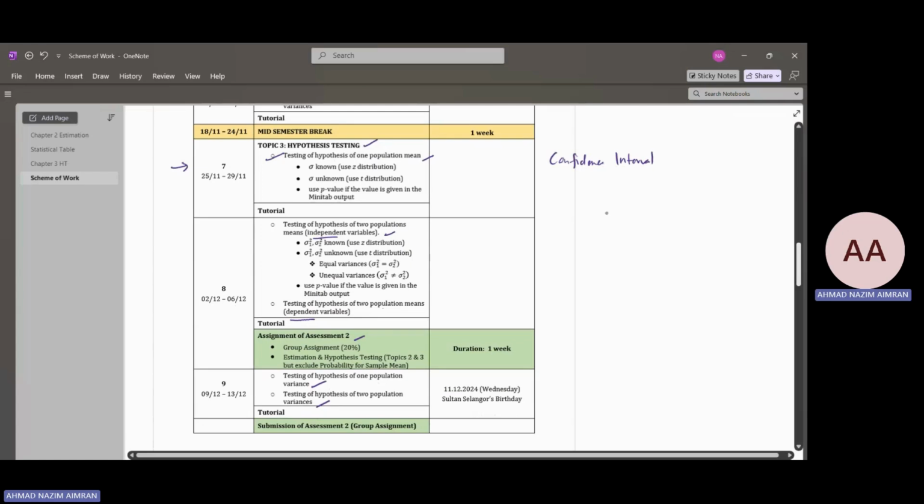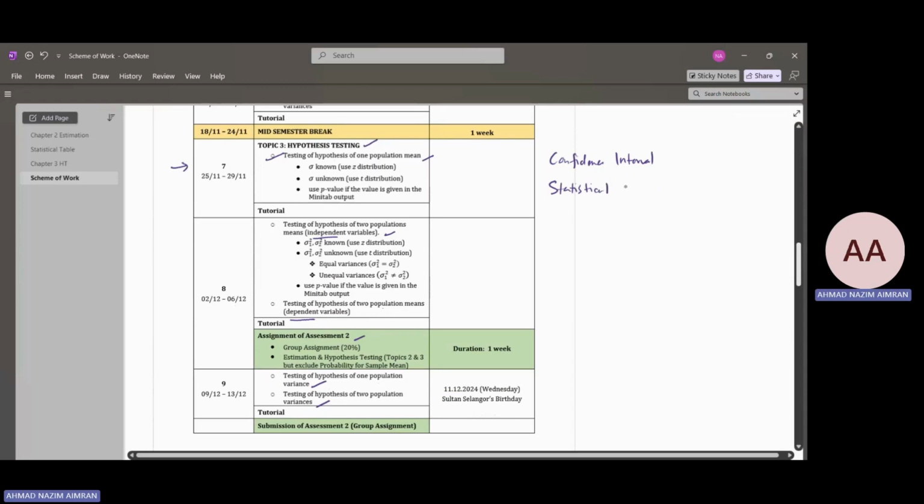In this chapter we are going to discuss the hypothesis by using the statistical test, right? By using the T calculator or the Z calculator, depending on whether the variance of the population is known or unknown. So we call this the statistical test.